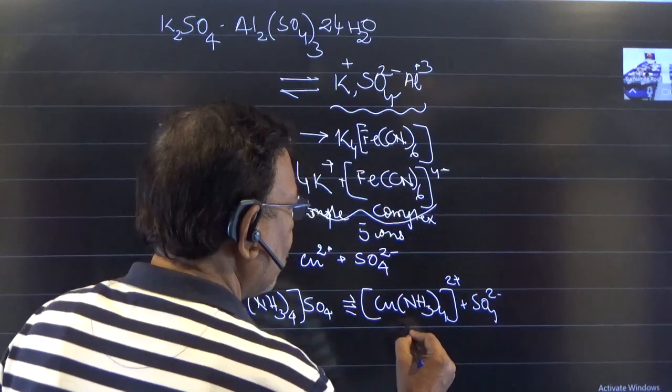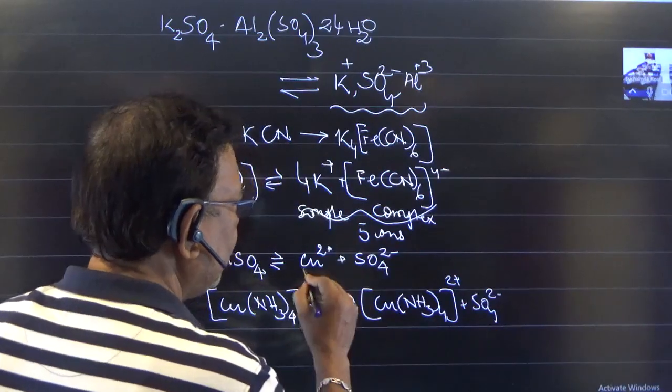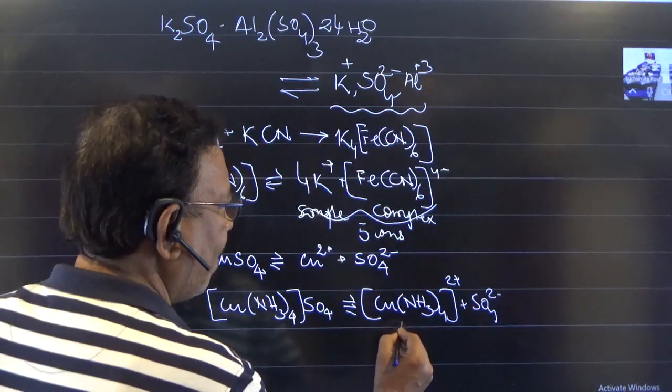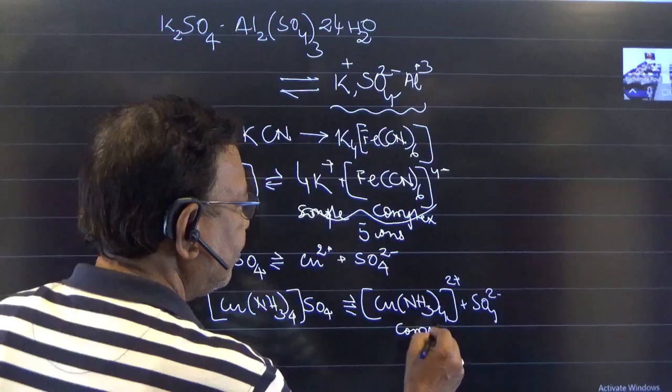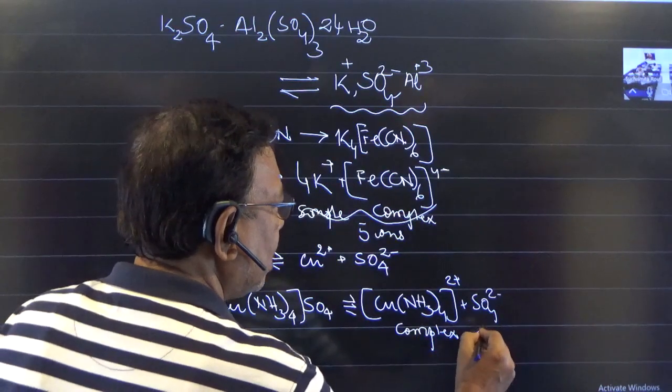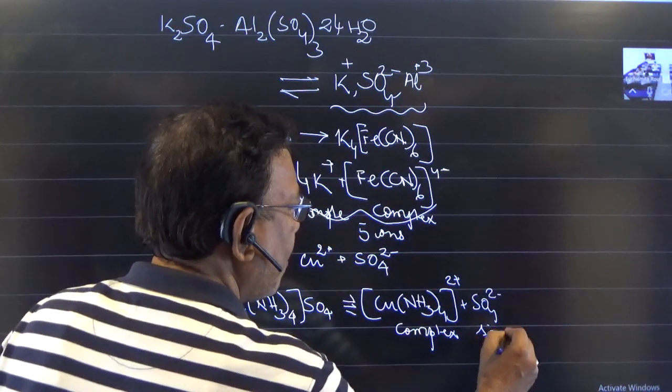What is the total number of ions? Here 2, here also 2. But this is a complex ion and this is your simple ion.